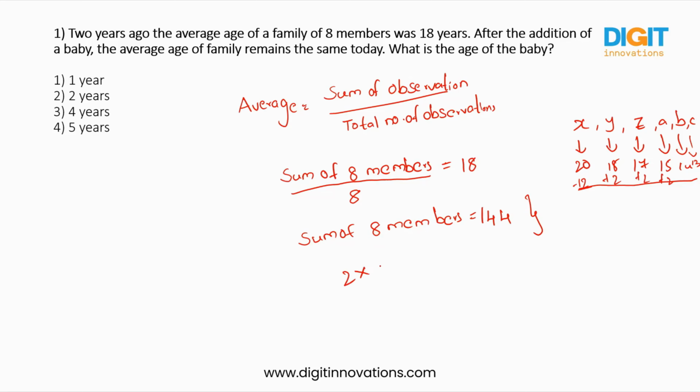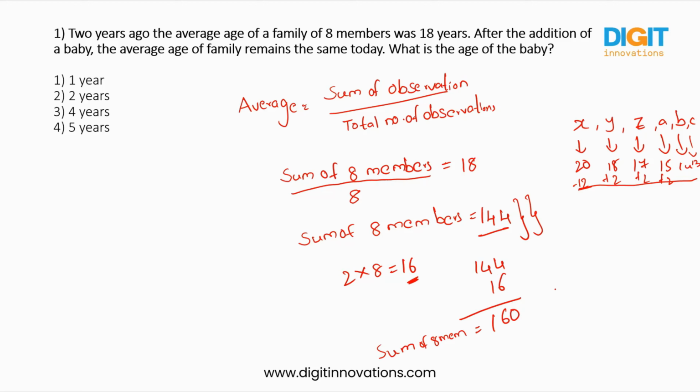So 2 into 8 is 16. So 16 will be added to 144. So 144 and 16, how much will it be? Total it is 160. Presently, the sum of the 8 members' ages is 160. 2 years back it was 144. Now, present, it is 160.